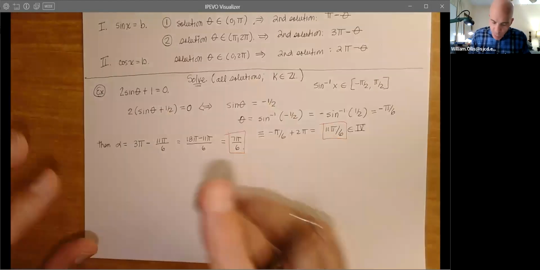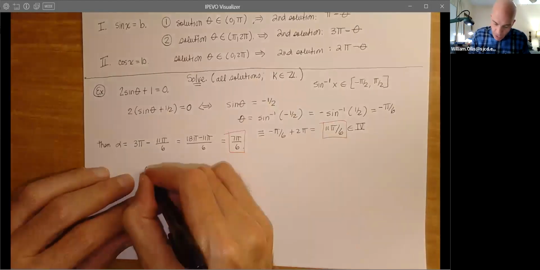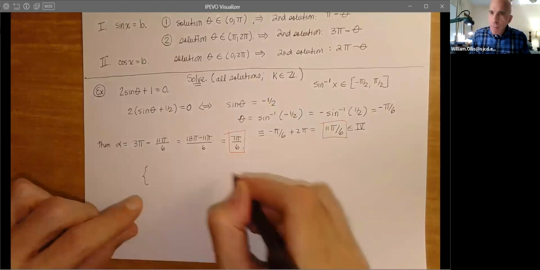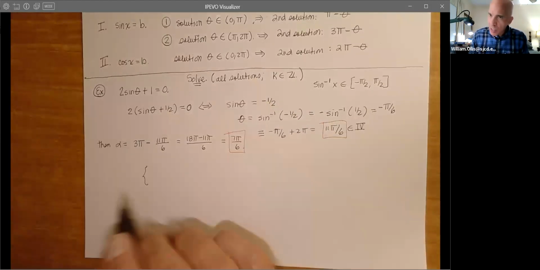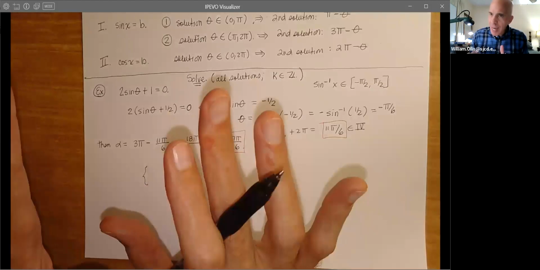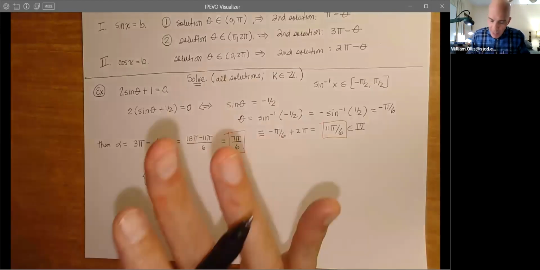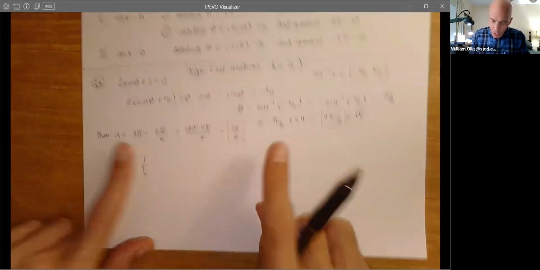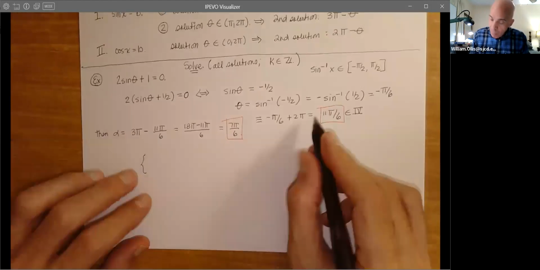Now, sometimes when I write these in the Smart Pen videos, I'll do union symbols, but to lessen the notation and to kind of mimic what they do in WebAssign, you'll have a box. It won't have the curly braces, but they'll say separate by commas.